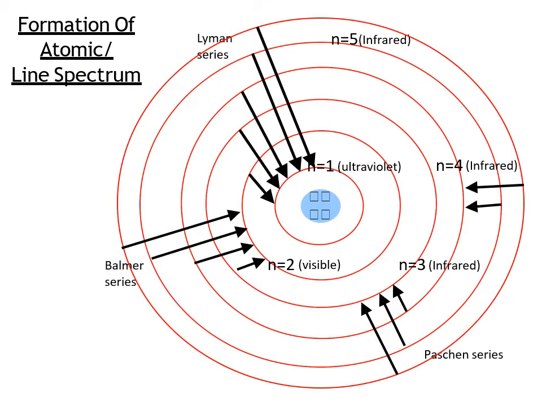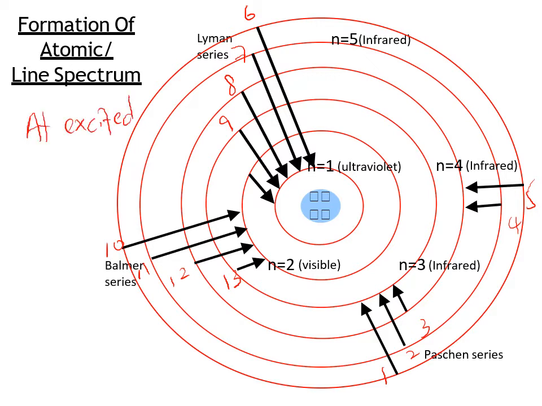Okay, it may be a bit difficult for you to imagine with words only. So now let's look at this diagram. Imagine there are, let's say, 1, 2, 3, 4, 5, 6, 7, 8, 9, 10, 11, 12, 13 electrons at different energy levels, and all these 13 electrons are considered at excited state.